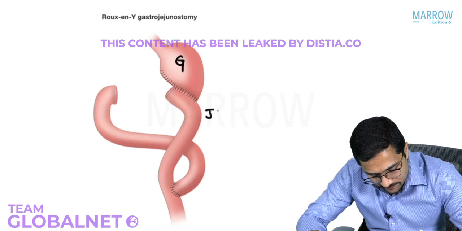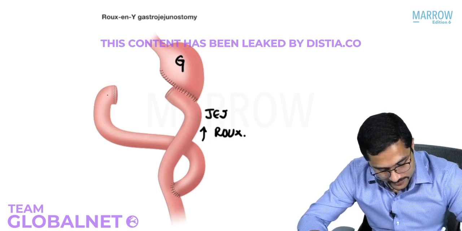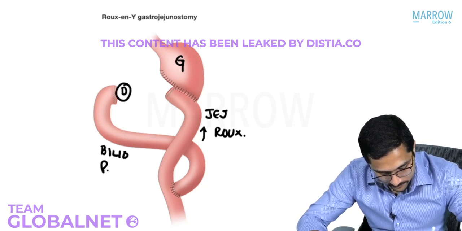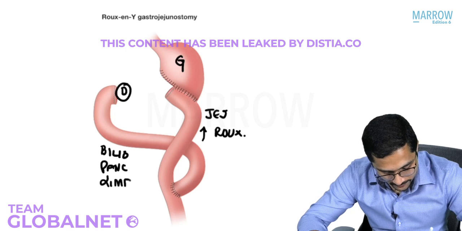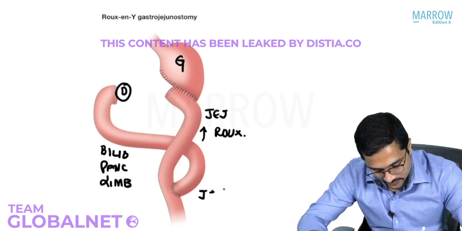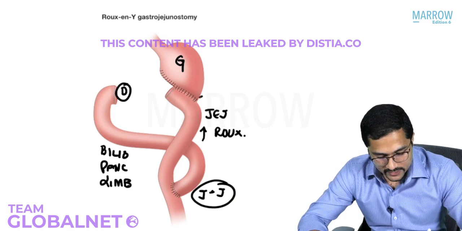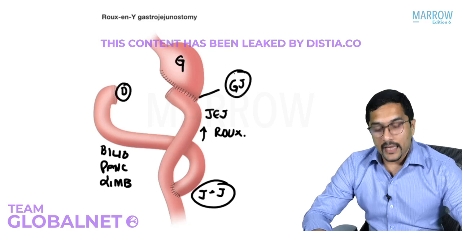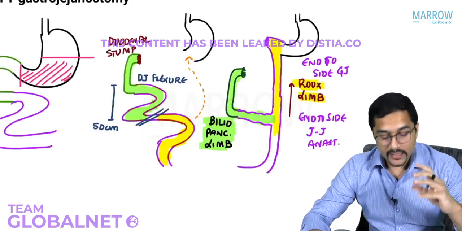This is the jejunum. And this is my Roux limb. This is the duodenum. And this is the biliopancreatic limb, which I've joined back. This is the second jejunal anastomosis. This is the GJ, gastrojejunal anastomosis. And this is your Roux-en-Y gastrojejunostomy, which I've just explained to you.